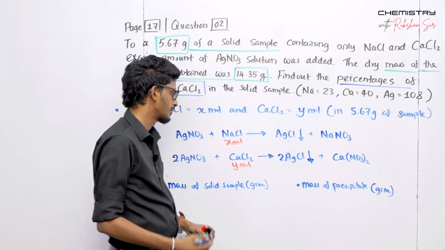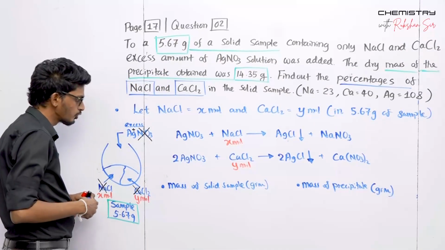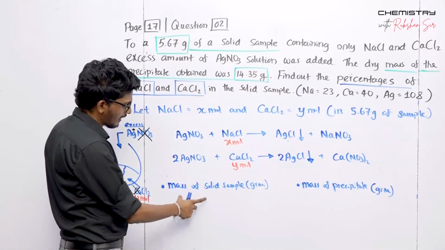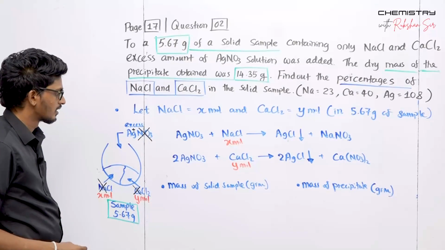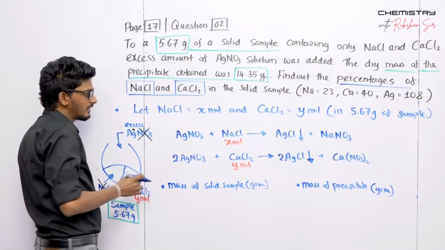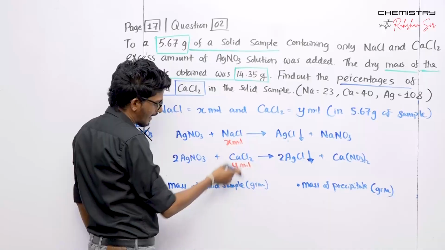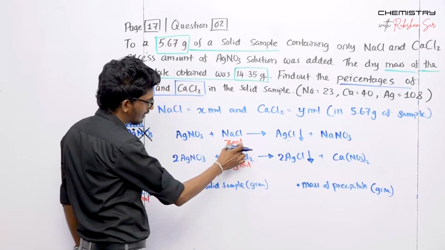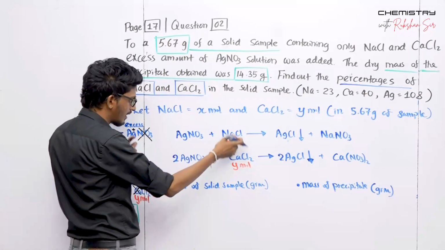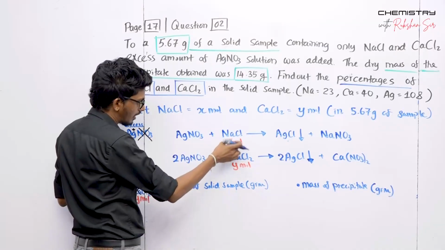Okay, let's come up with two simultaneous equations here. Mass of solid sample. To convert the number of moles to grams, you need to multiply by the molecular weights, so we need to come up with molecular weights first.